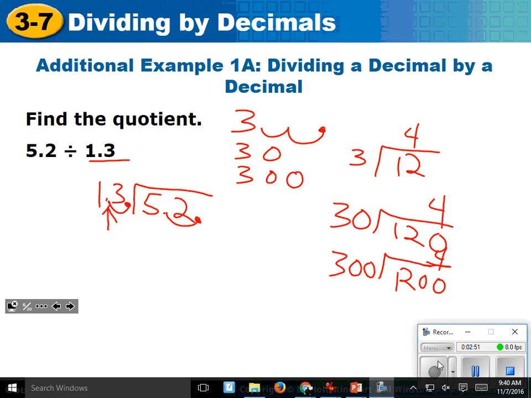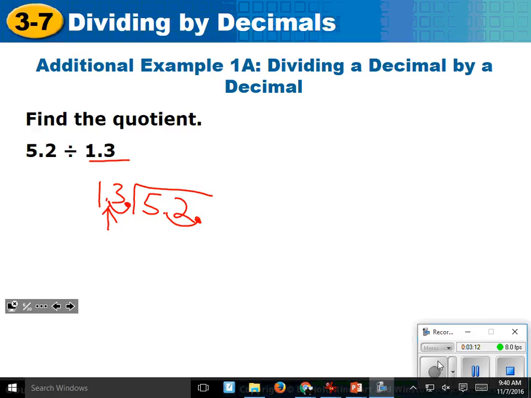All I'm doing is multiplying by a power of 10. That's what I'm doing when I'm moving the decimal. I can just say you move the decimal, but I want you to understand when you're doing it, you're multiplying it by 10 or by 100 or by 1,000. When you're multiplying by a power of 10, you are essentially moving the decimal.